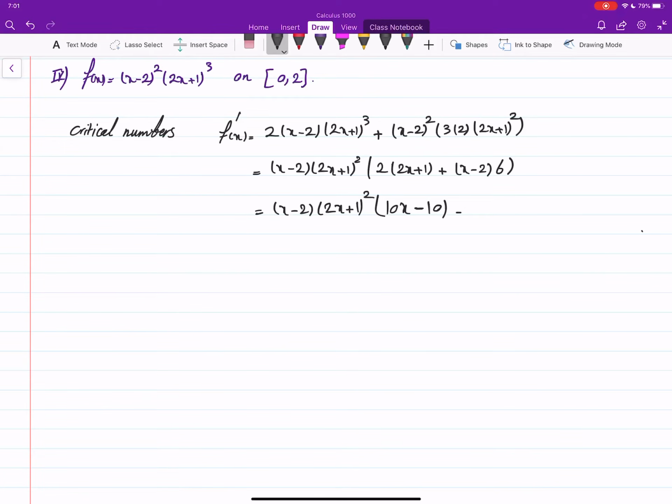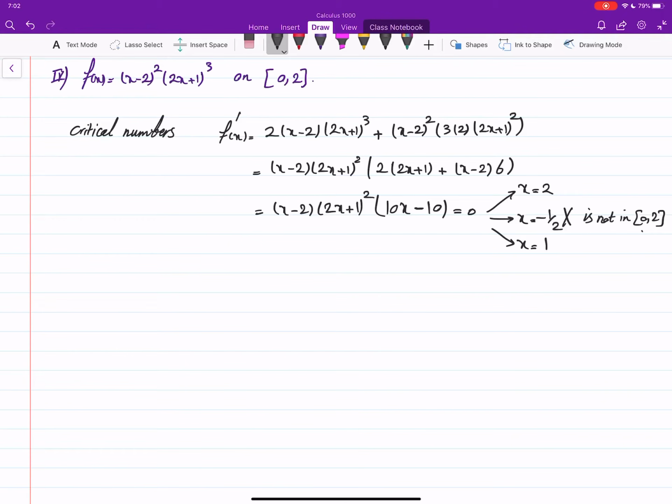And setting this equal to 0 gives us x is either equal to 2, x is equal to negative 1 over 2, or x is equal to 1. Yes, three critical numbers, but we have to be careful here that this negative value is not in the interval. So we have to throw that out.